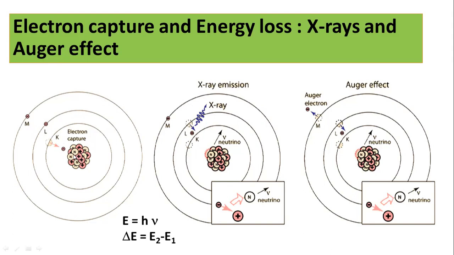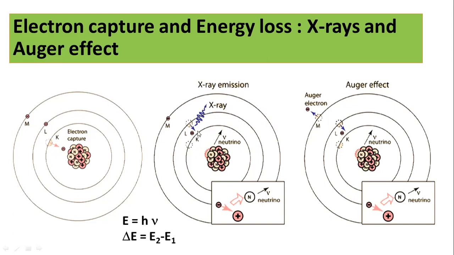That means one proton is converted into the neutron, and a vacancy is created over here in the K shell, and the electrons present in the L shell come towards the K shell from high energy to low energy, and the difference in energy is lost in the form of the X-ray. So this is one of the processes associated with the electron capture, and this is called the X-ray emission. So this is the way how X-rays are generated.